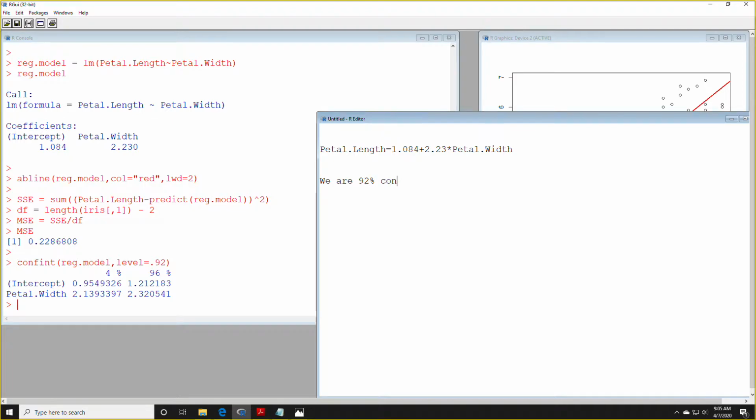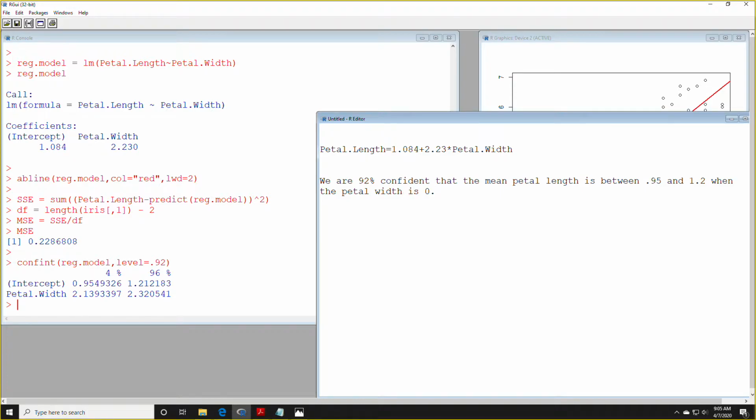92% confident that the mean value, the mean petal length, is between, I'll just round, 0.95 and 1.2 when the petal width is 0.